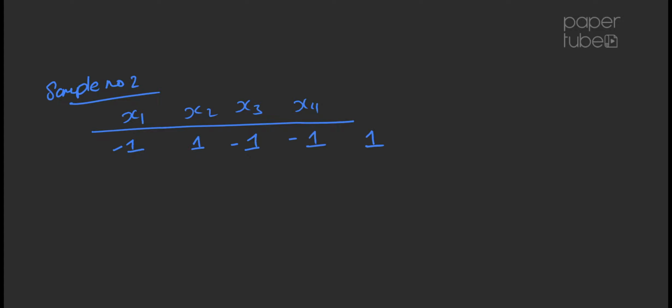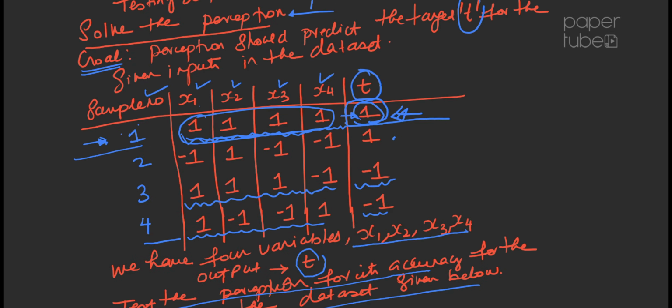Where do these numbers come from? If you go back to the question again, this is sample 2. So we have 4 inputs and the corresponding output value of 1. That's what we are trying to solve now.